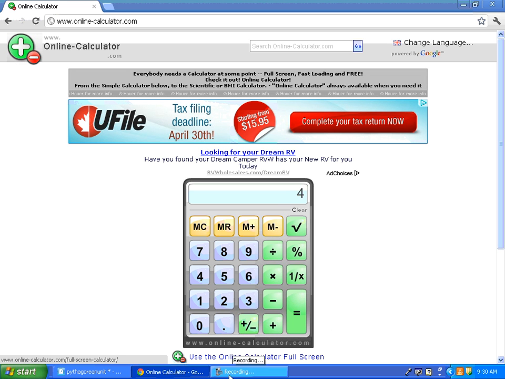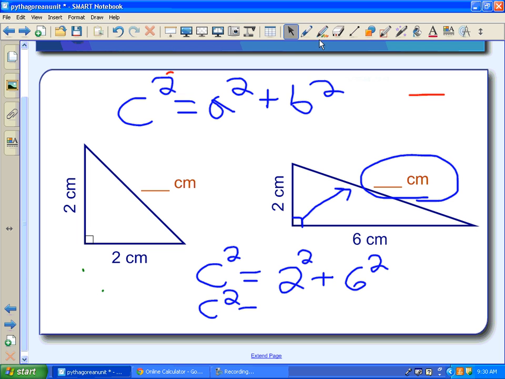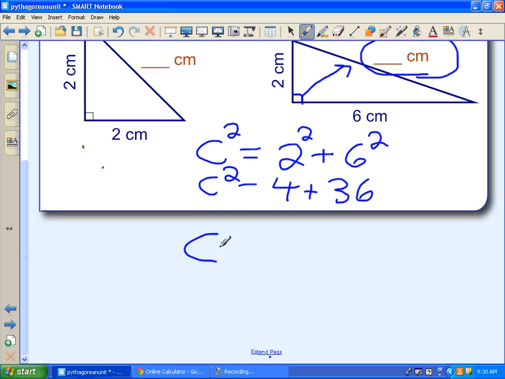And the answer is 4. So for this one, it's 4. And now what's 6 squared? Or in other words, 6 times 6? I know it as 36. So now my answer is going to be C squared equals 4 plus 36, which is 40.